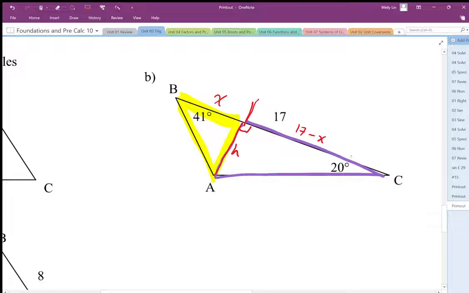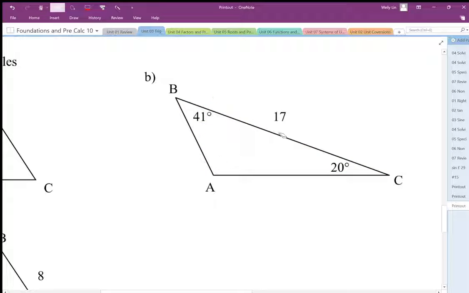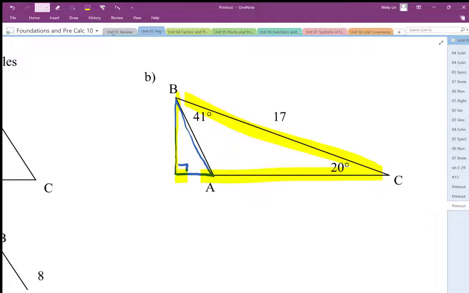The other way we can do this to avoid that is to drop our perpendicular down on the outside of the triangle, and this creates two right triangles. One is this smaller right triangle here, and then we have a bigger right triangle on the outside, and we still have our perpendicular height that we're looking for, h.